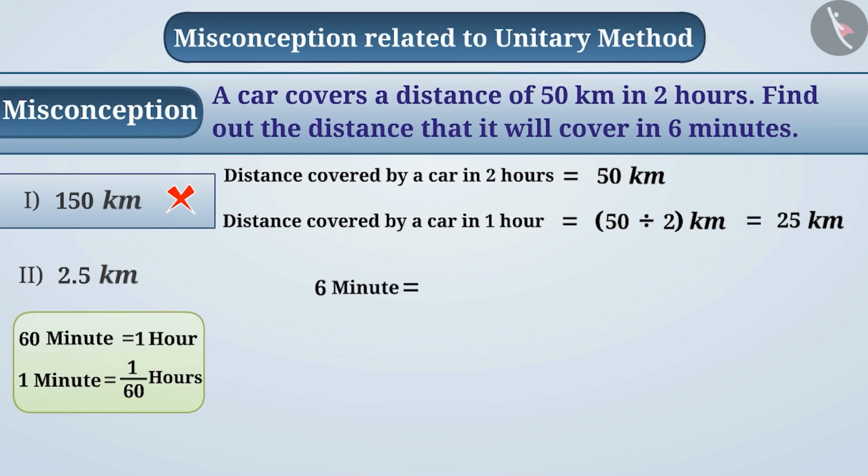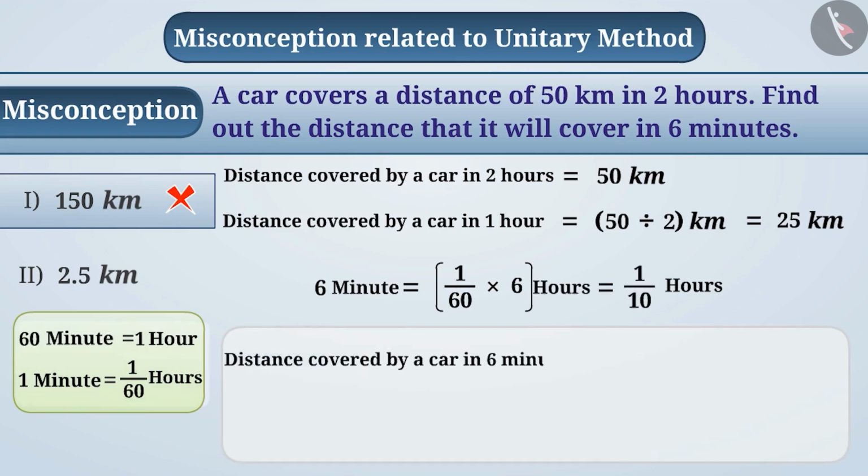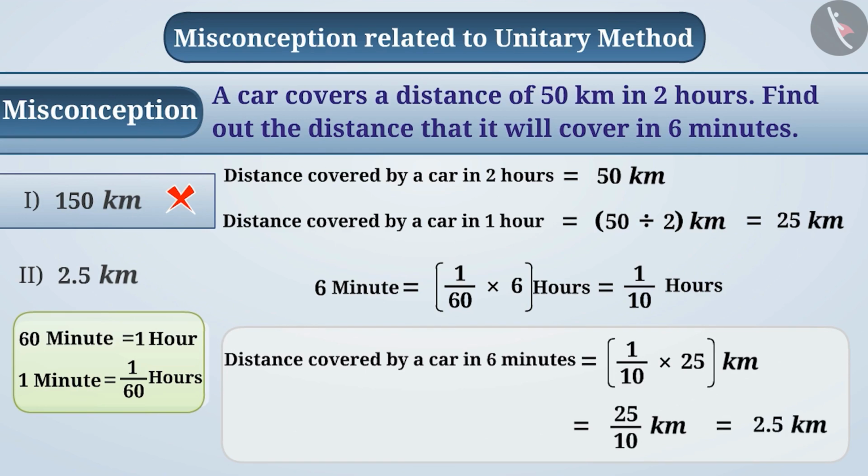Similarly, 6 minutes is equal to 1 by 60 into 6, which is equal to 1 by 10 hours. The distance covered by a car in 6 minutes is equal to 1 by 10 into 25, which is equal to 25 by 10, which is equal to 2.5 kilometers. This results in the correct answer, which is option 2.